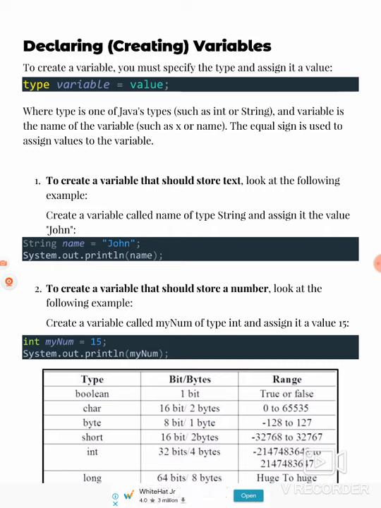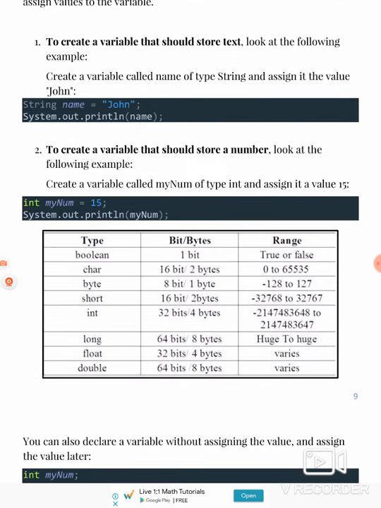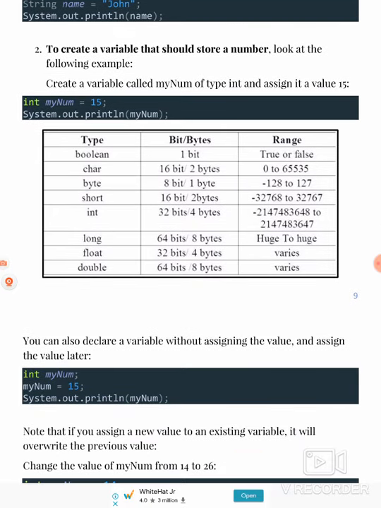Now our second point is to create a variable that should store a number guys. Look at the following example. Create a variable called myNum of type integer and assign it the value 15. Okay guys, these are the types with byte sizes and ranges.